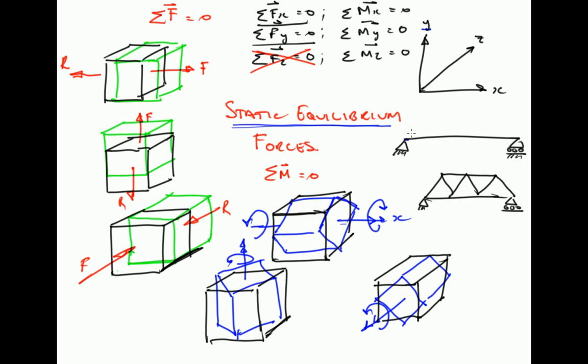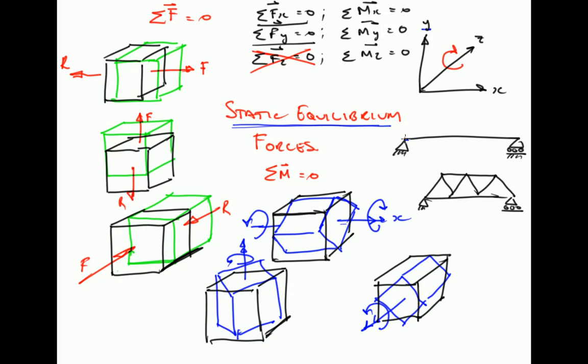Similarly, when we take moments in a plane, we can take moments at any point in the plane because moments are a free vector. The moments of all the forces or couples acting in the plane will give rise to the same moment about any point on that plane. So we say we are considering the moments about the z-axis there.